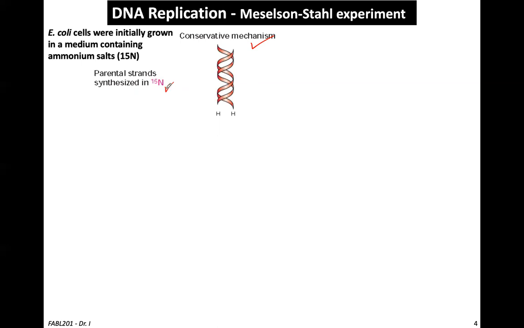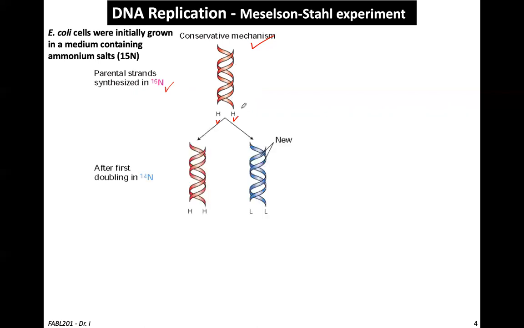It's heavier than the normal nitrogen. Since nitrogen is one of the components of the nucleotides, we'll have a DNA formed from N15, and we term it HH, which means heavy strands.